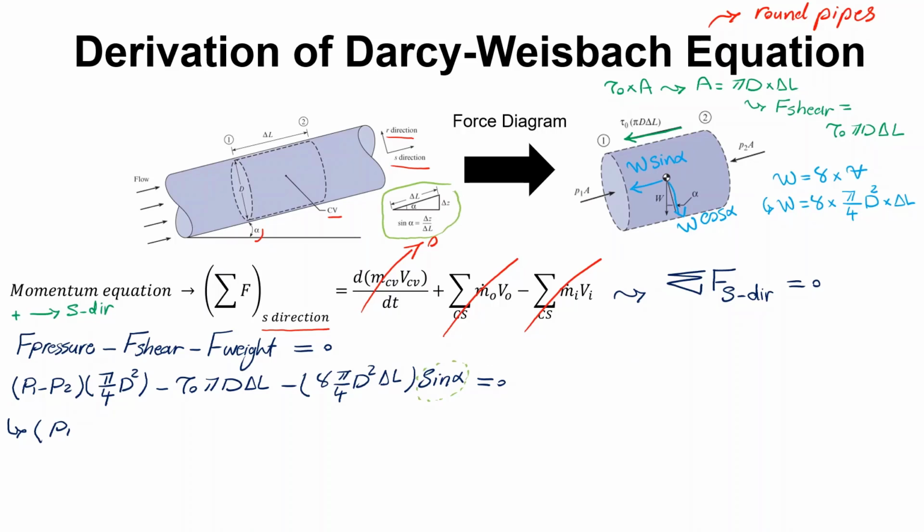From trigonometry, you can conclude that sine of alpha is equal to delta z, in other words, z2 minus z1, divided by delta L, and delta L is simply the length of the cylinder, right? So when you replace that, then I can over here write plus gamma z1 minus P2 plus gamma z2 is equal to 4 delta L tau sub 0 divided by d.